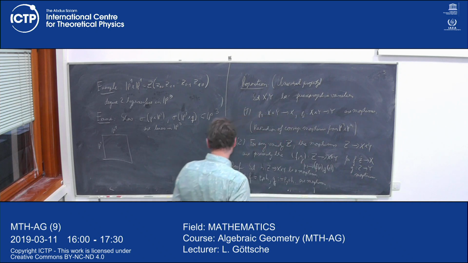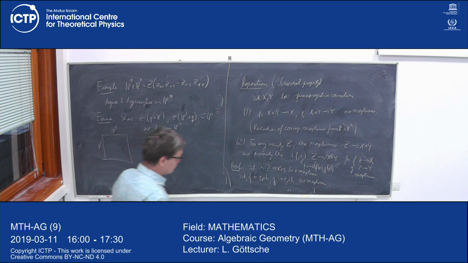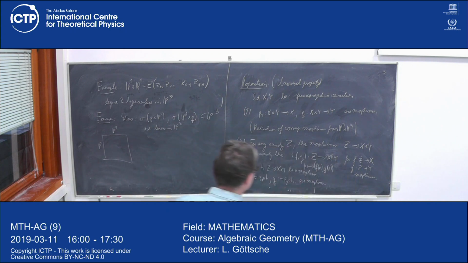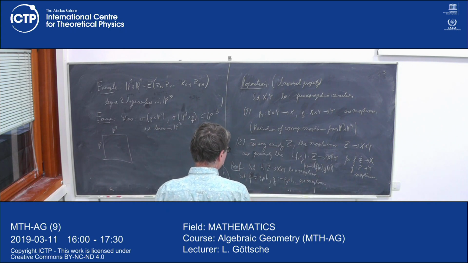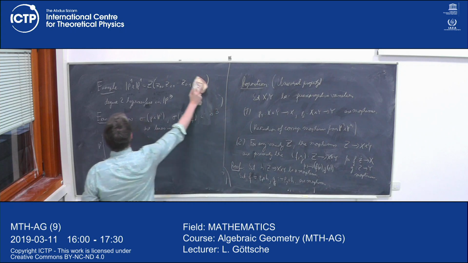One is a morphism to X, one is a morphism to Y, and obviously our morphism H is this thing which we call (F, G).